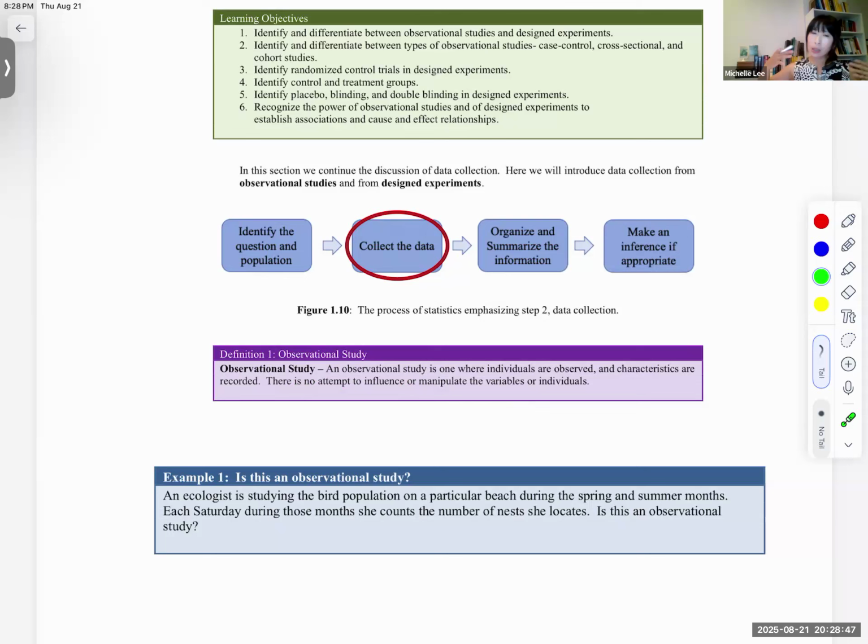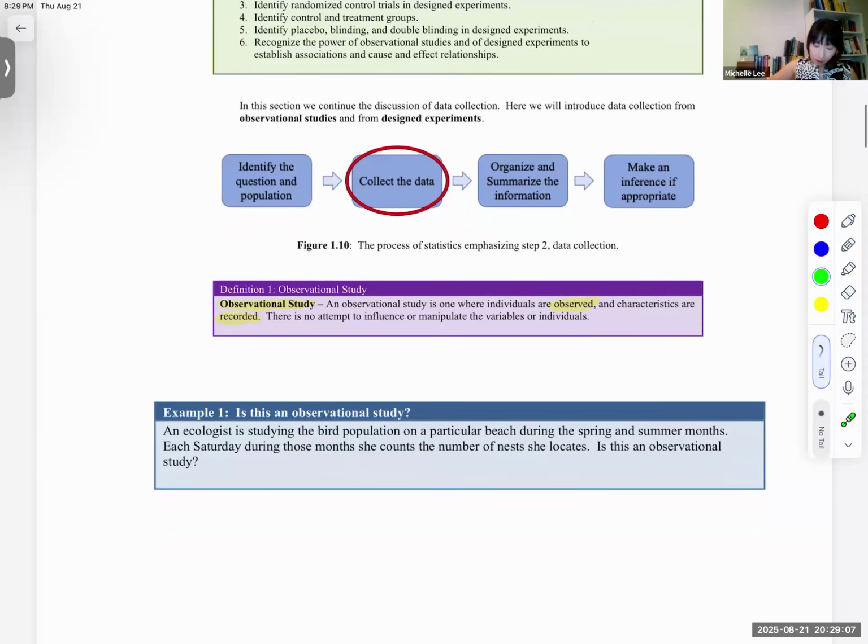Just like the English word, just observe and record, right? So let me highlight this one. Observational study: observed, recorded. Yeah.